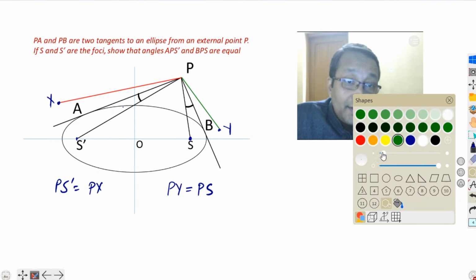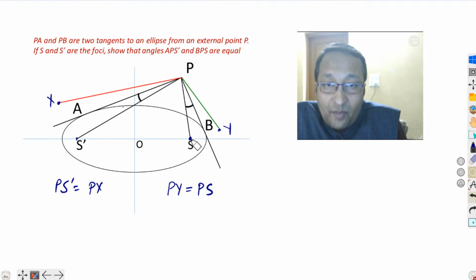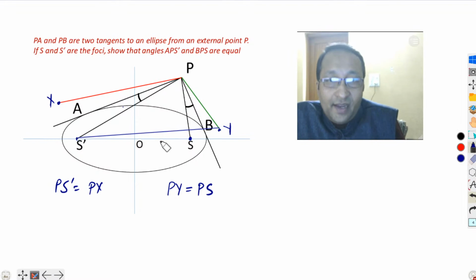Also, we have just studied the fact that if the mirror image of one focus about a tangent is drawn, then that image, when joined to the other focus, is collinear with the point of contact, the way we did it.